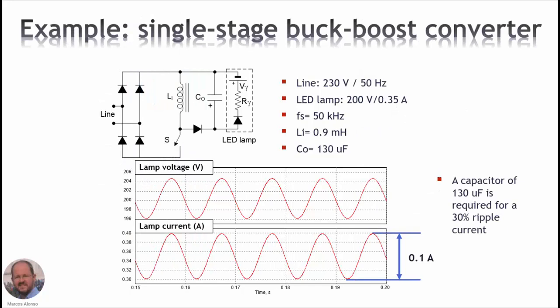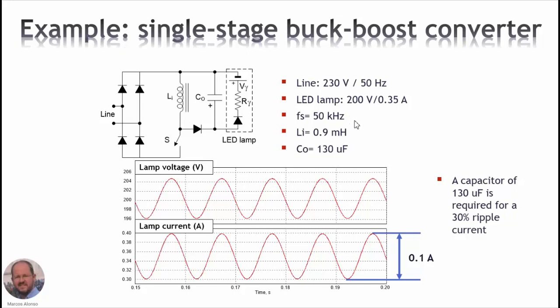So let's see now an example of a single stage converter used as an LED driver. In this case, we are proposing a buck-boost converter for this type of application. We have a line voltage of 230 volts and 50 Hz. The LED lamp is 200 volts and 0.35 amperes, and the selected switching frequency is equal to 50 kHz.